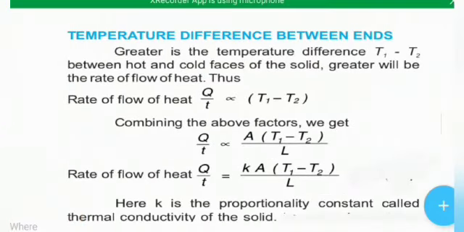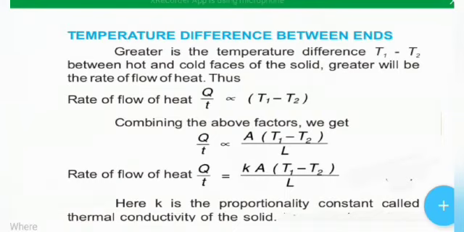Now students, the last factor that affects the rate of flow of heat is the temperature difference. Greater the temperature difference T1 minus T2 between the hot and cold faces of the solid, greater will be the rate of flow of heat. Here T1 is the temperature of the hot face of the block and T2 is the temperature of the cold face of the solid block.